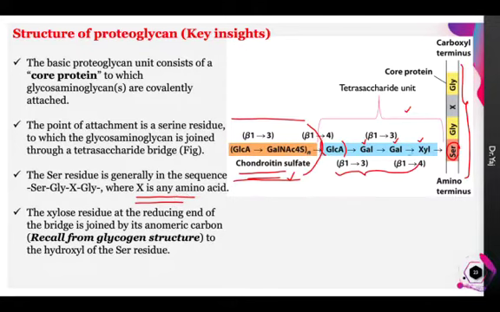And here, if you look at the tetrasaccharide bridge, the monosaccharide that is linking with serine is xylose.